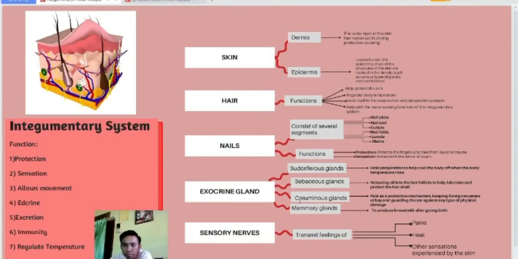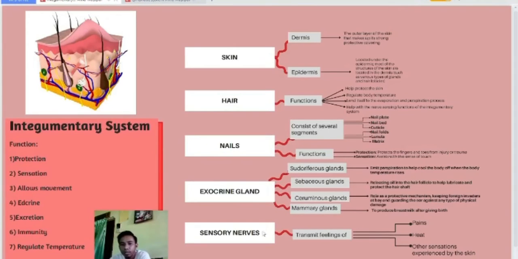Next, we have ceruminous glands, which act as a protective mechanism, keeping foreign invaders at bay and guarding the ear against any type of physical damage. And last, we have mammary glands, which produce breast milk after giving birth.